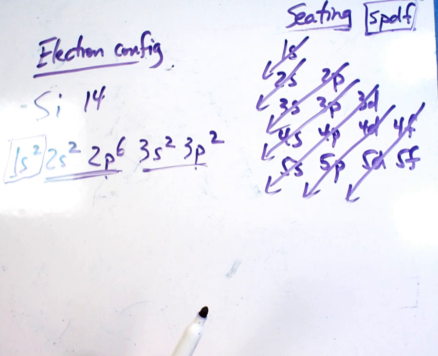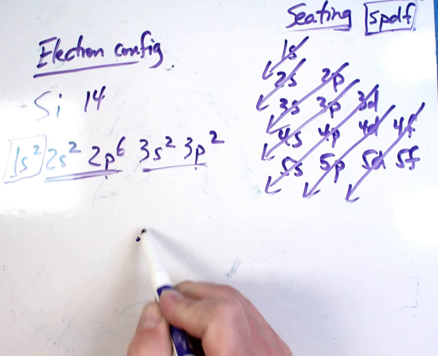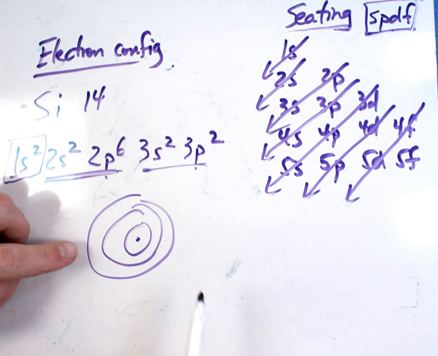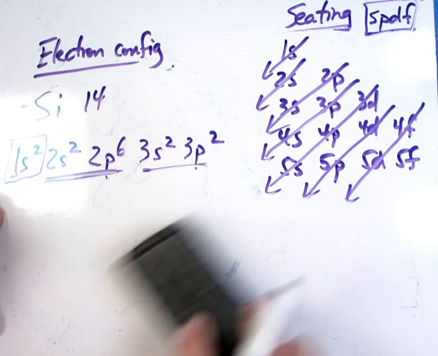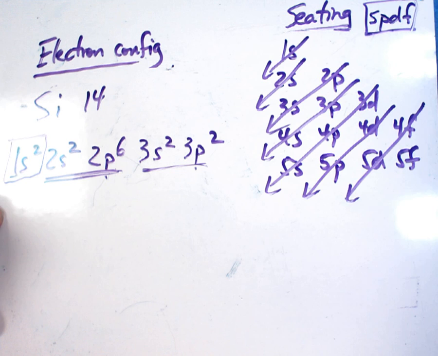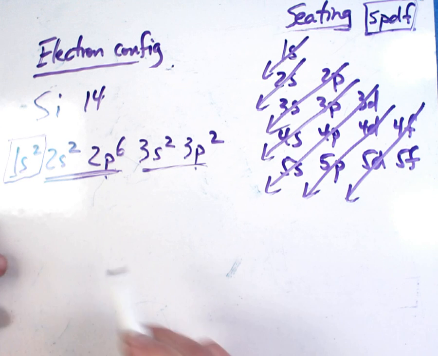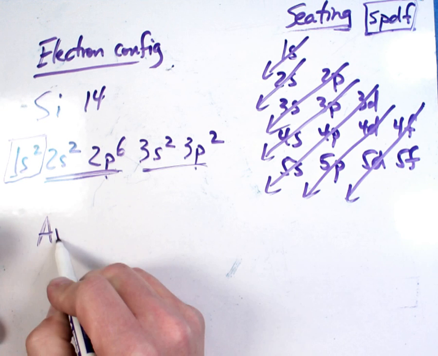And so you can tell where all the electrons are located just by the electron configuration, except this is more accurate than doing something like this. You don't really know where they are, you've just drawn rings and put them in there. So this is a lot more accurate than the old school or old style atoms that you learned in middle school.